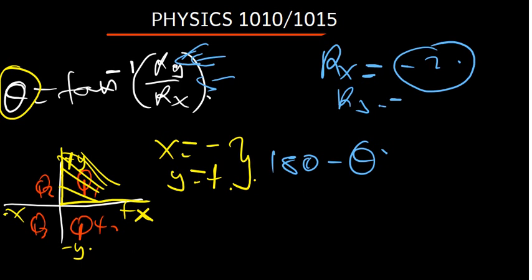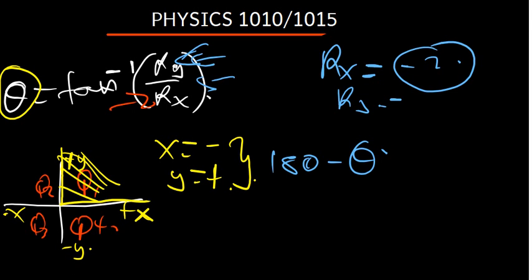Follow these simple principles: don't plug in negative values in this formula, just ignore the negatives. Plug in the positive only, and then if it falls in the second quadrant, you say 180 minus the theta which you have found there. That will be the direction which they are looking for.